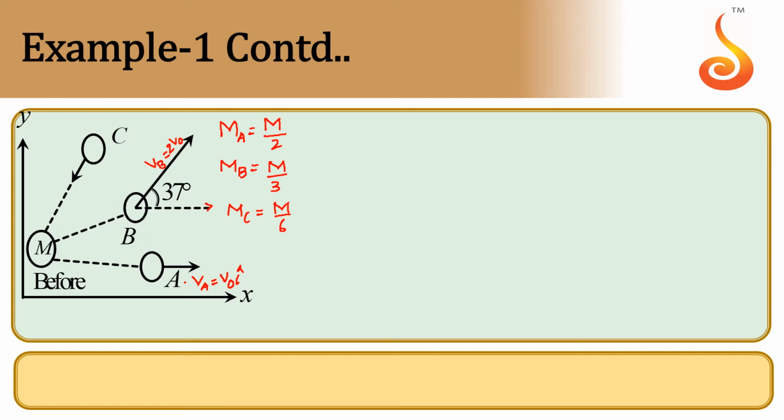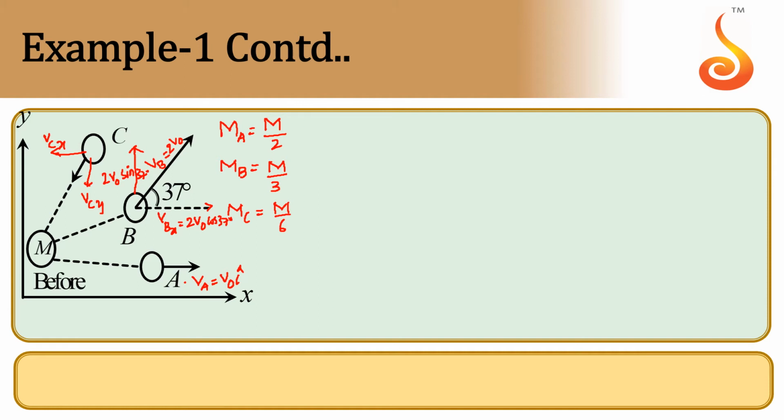So obviously along x direction, velocity of B is 2V0 cos 37, and along y direction 2V0 sin 37. The same way, velocity of C along x direction and velocity of C along y direction need to be calculated.